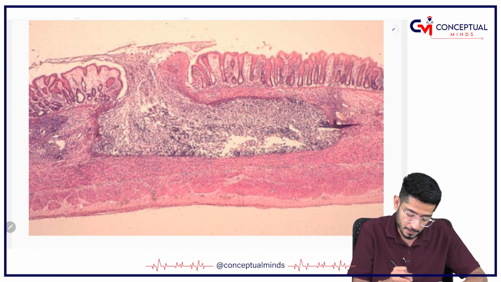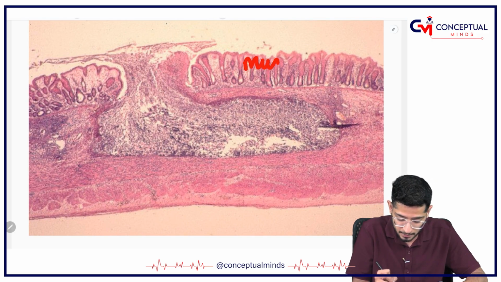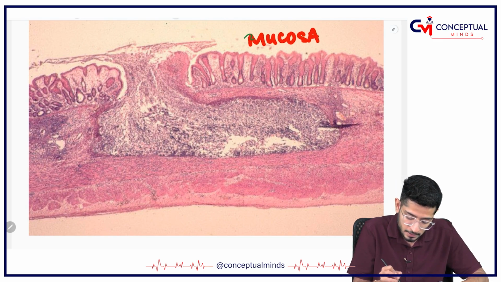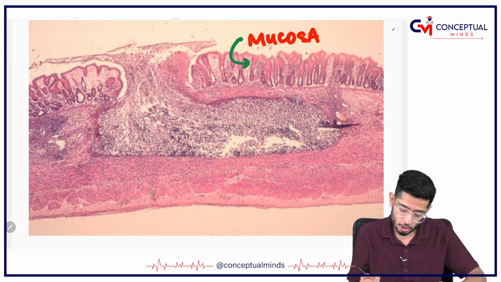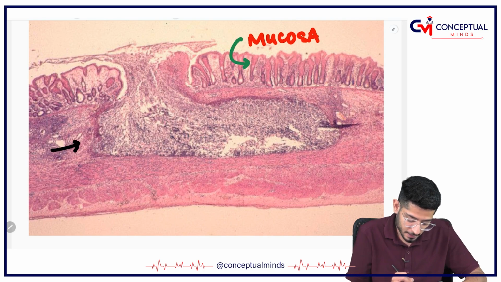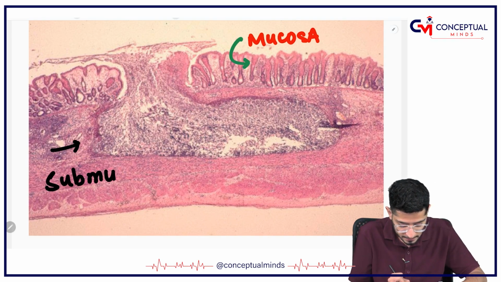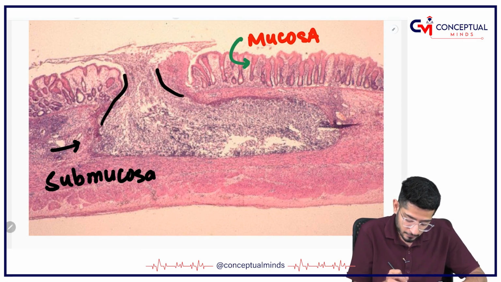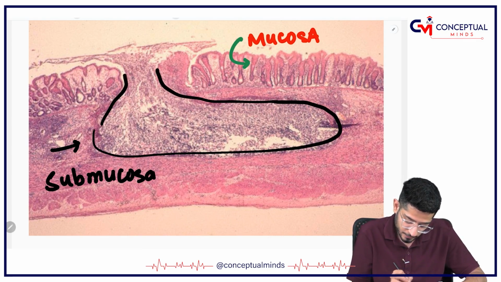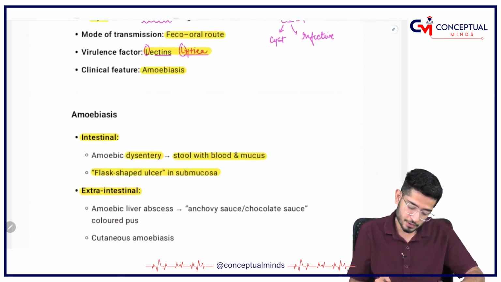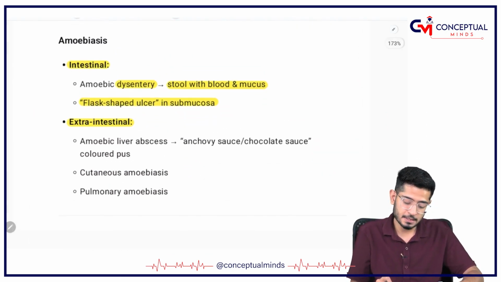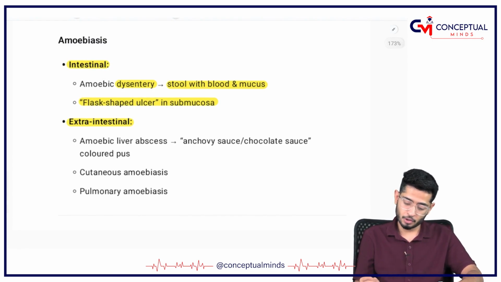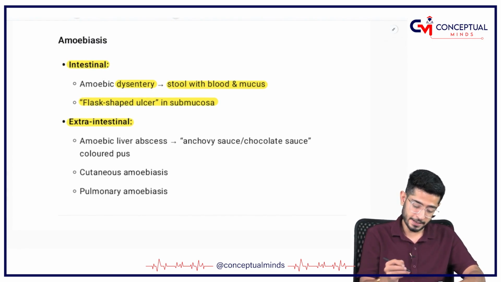This part in particular is the mucosa, and this part is nothing but submucosa. So you are having a flask-shaped ulcer. Can you see the flask? So there is a flask-shaped ulcer in the amoebic dysentery, in the submucosal layer.